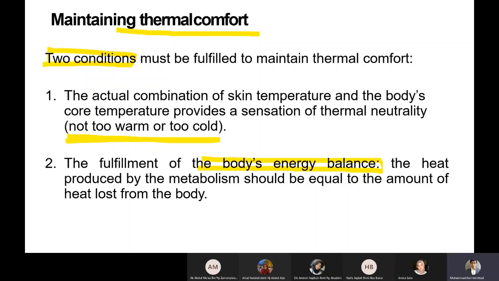So basically we digest the food that contains chemical energy, and then our metabolism system helps us to convert that chemical energy into mechanical energy and energy that can be used to sustain our organs.